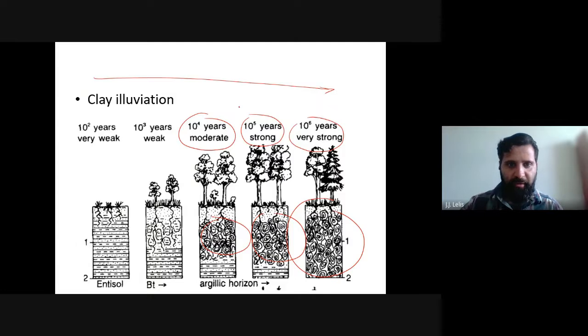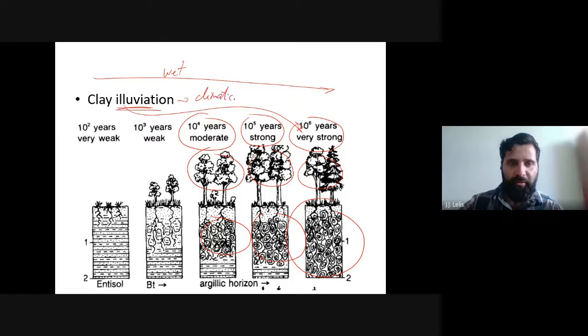You can see by the vegetation here that it indicates a wet condition. So this study area was submitted to a wet climate condition for a long time. So the clay alluviation takes a lot of time, so it needs climatic stability.